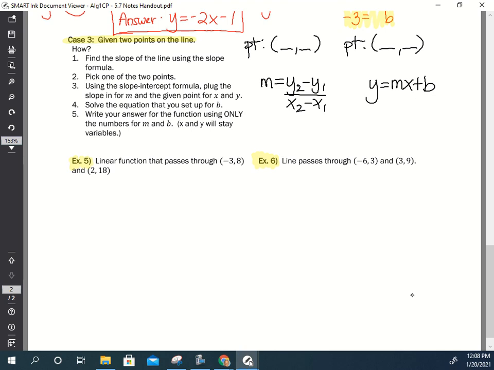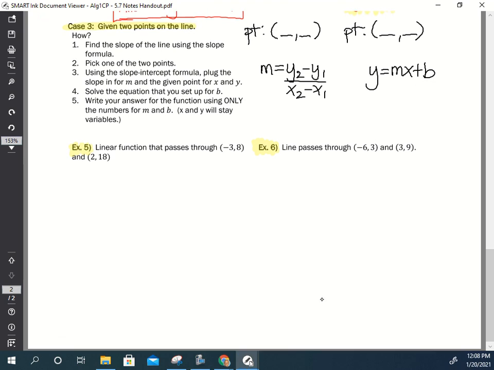So let's do example 5. Example 5, we have -3, 8 and 2, 18. First step, find the slope.